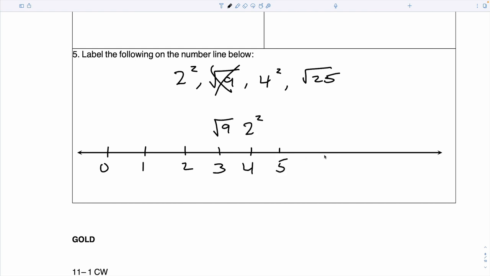What's the next smallest number? 5. The number 5 is the root of 25. And the biggest number that's going to be way over here is the last one. 4 squared is 16.